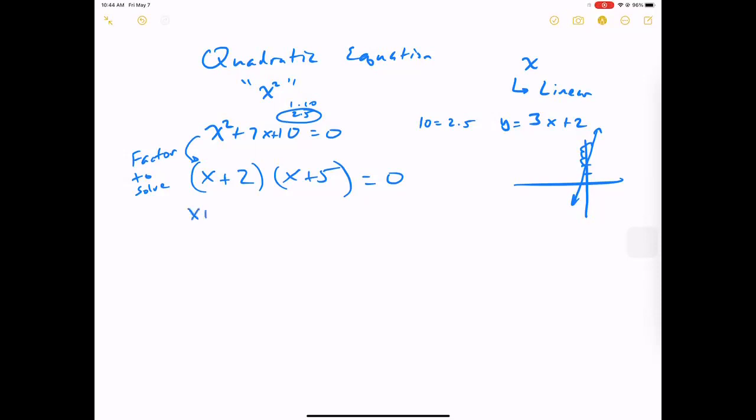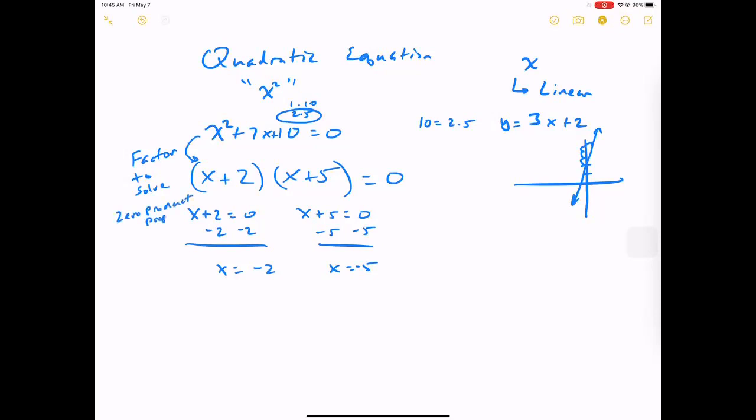And our steps were, if I separate this and I separate this on the right, well, if I minus 2, minus 2, minus 5, minus 5, we end up with x equals negative 2 and x equals negative 5. Now, what we did here is we first factored. Then we used what we call the zero product property.